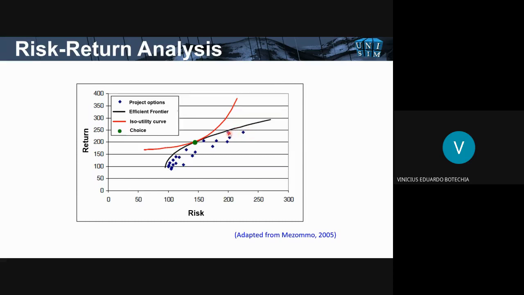This one can be chosen, but it will depend on the profile of the decision maker, right? If a decision maker is prone to risk, he can choose that, but he can also choose this one, because for this level of risk, this is the maximum return that I can achieve.